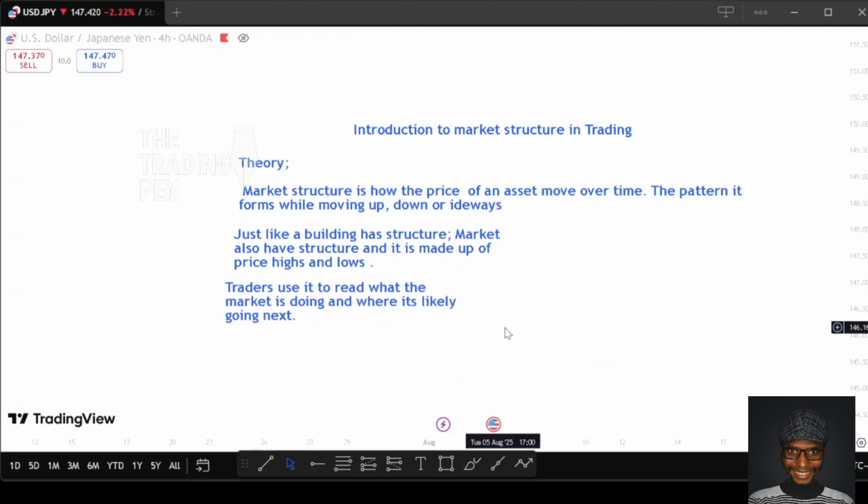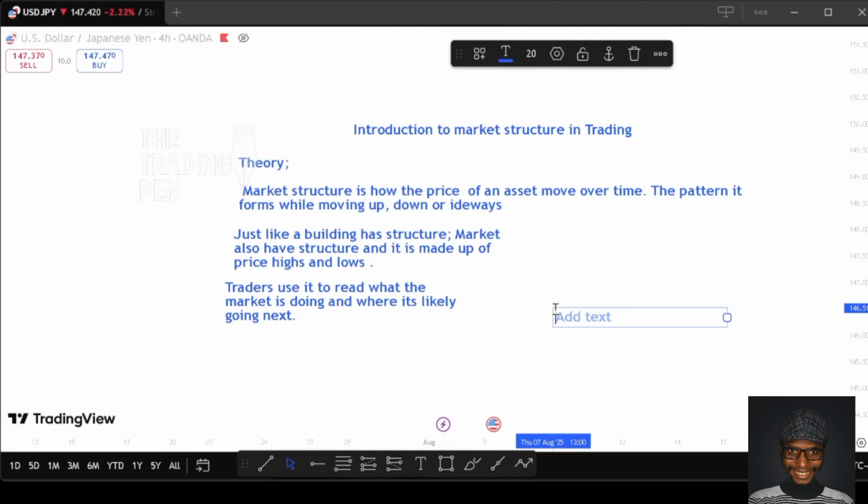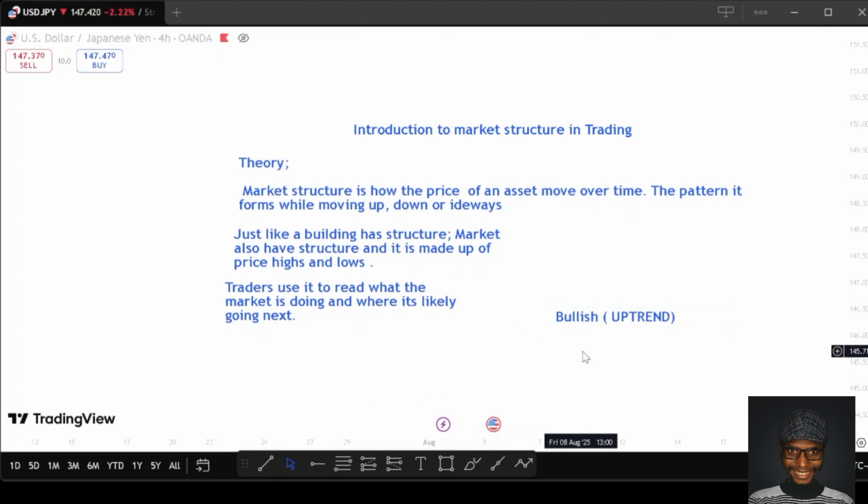Now the core market structure types. We have the bullish trend, which you can call the uptrend. We also have the bearish, which is the downtrend.